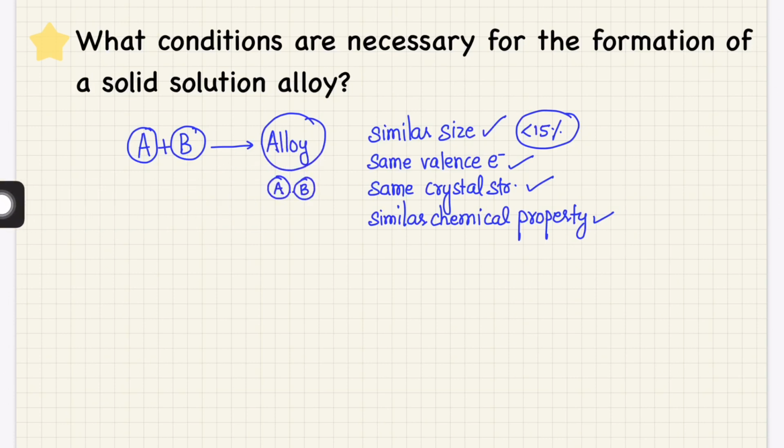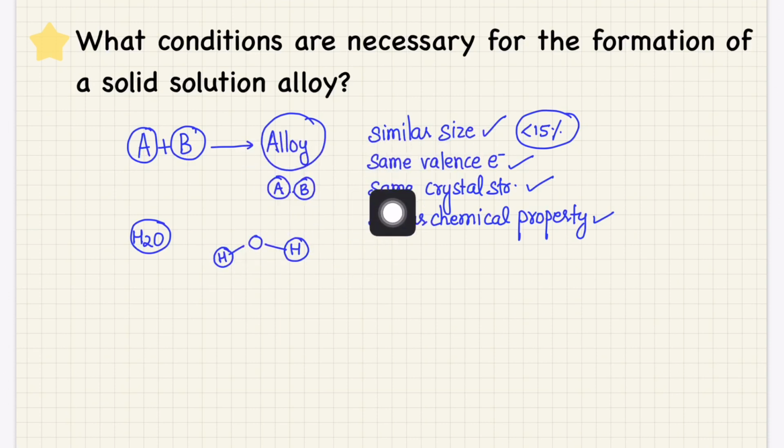Like if we take the example of water, H2O, this is a molecule where oxygen and hydrogen have a covalent bond. Similar to that, there is a bond between atoms of metal A and B in this alloy. Covalent bond is formed by sharing of electrons.